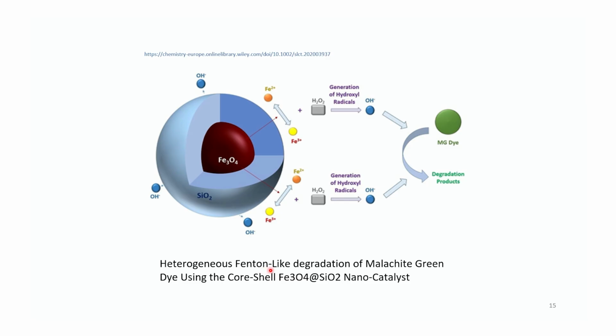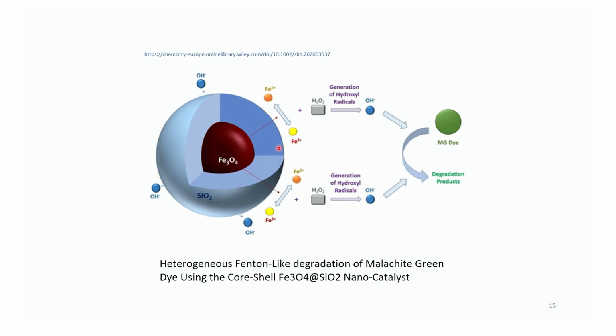That's a heterogeneous Fenton-like degradation of malachite green dye using core shell iron oxide SiO2 nanocatalyst. That's your iron oxide core, which is surrounded by a SiO2 shell, and what is it doing? It is degrading your MG dye via Fenton-like reaction.